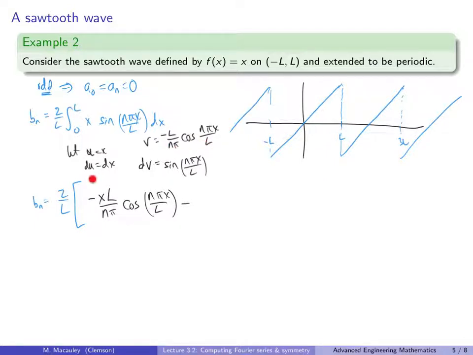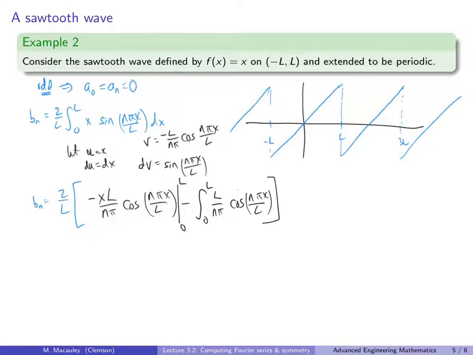So this is v du, so that's minus L over n pi times cosine of n pi x over L. And this is from 0 to L, and we have to evaluate this from 0 to L as well.